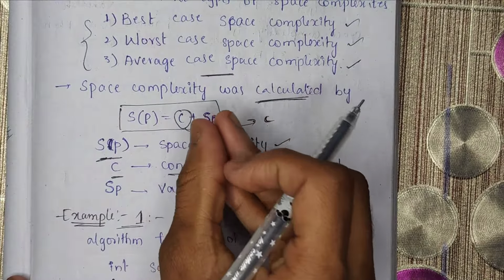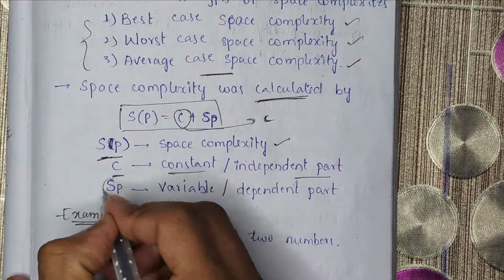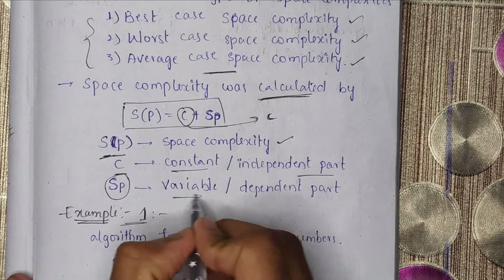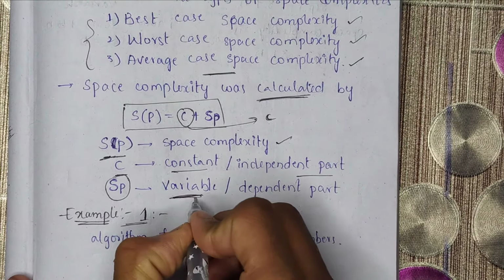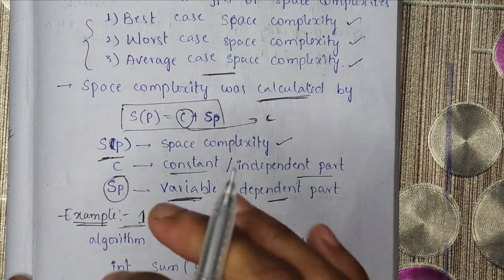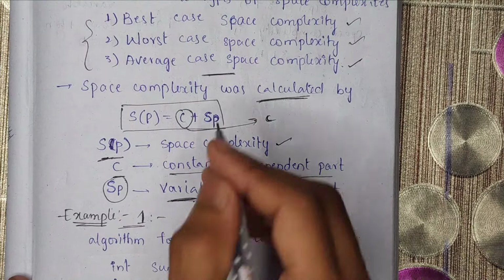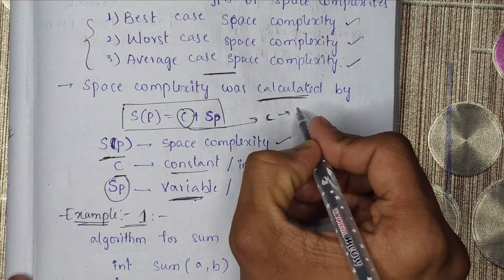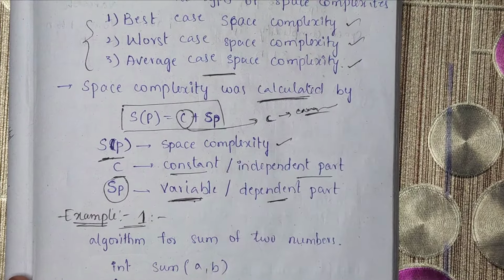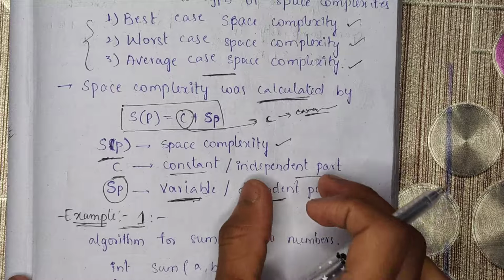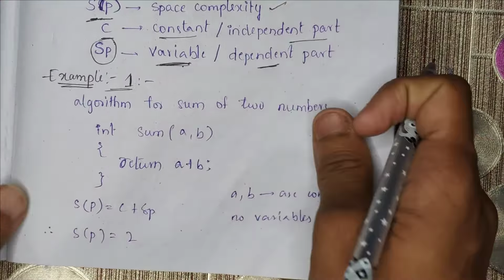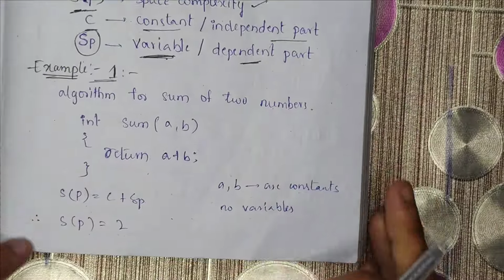S(P) is the variable part, which needs to change, or is dependent upon other variables. So C is nothing but a constant, independent from other variables. Let us see an example, then you can easily understand this space complexity.